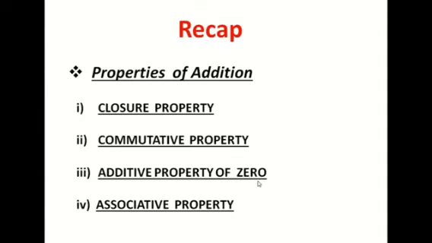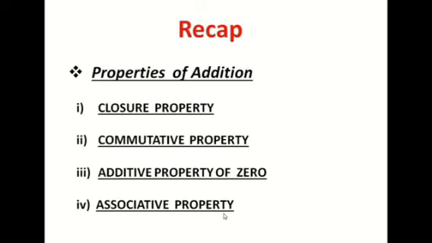This property says the sum of 0 and any whole number is the same whole number. We wrote the general form as a plus 0 equals 0 plus a equals a, where a is any whole number.